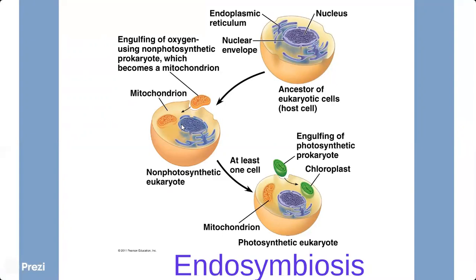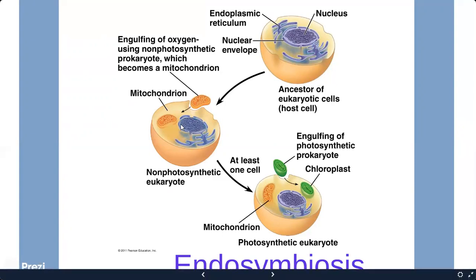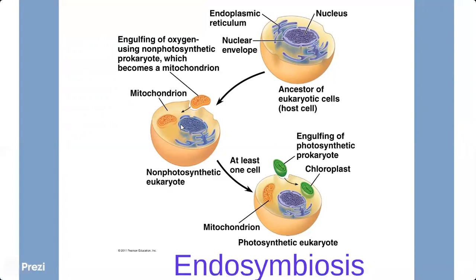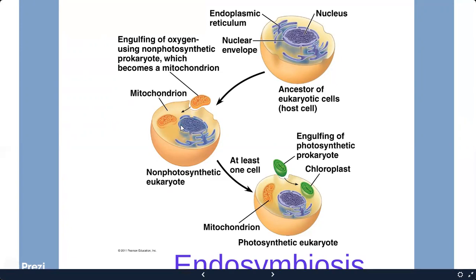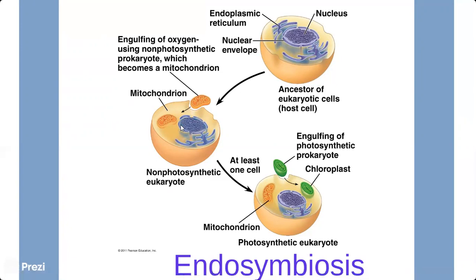They've lost a lot of genes along the way, and now they're obligated to live inside a eukaryotic cell, just like chloroplasts are. They cannot survive on their own outside of the eukaryotic cell. The mitochondria, like we did in one of our practices, they've lost the genes to break down glucose. They cannot break down glucose into pyruvate.